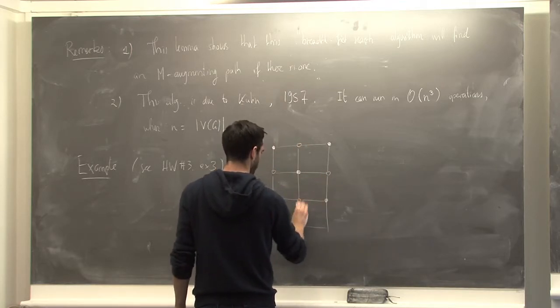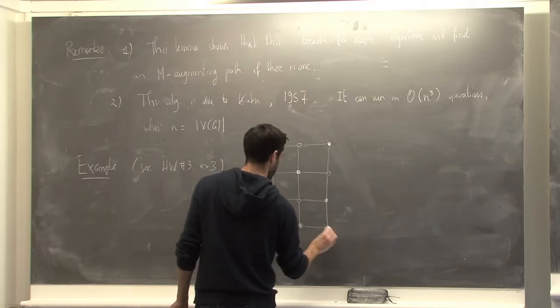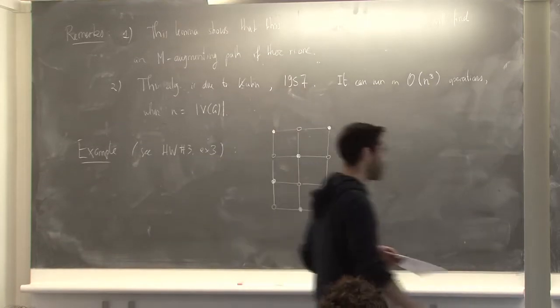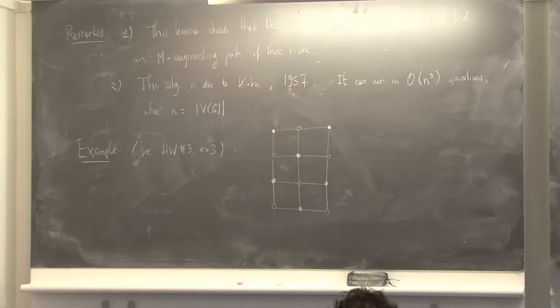I'm drawing a bipartite structure on a 2x4 square lattice, and let me draw a matching that is not maximal.